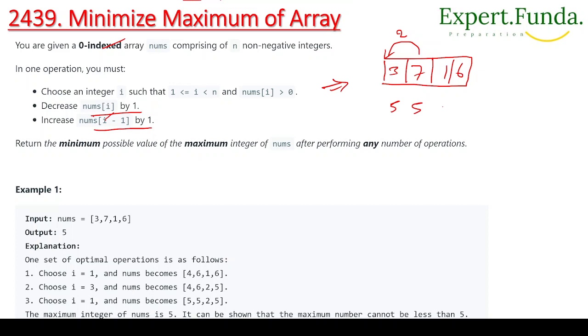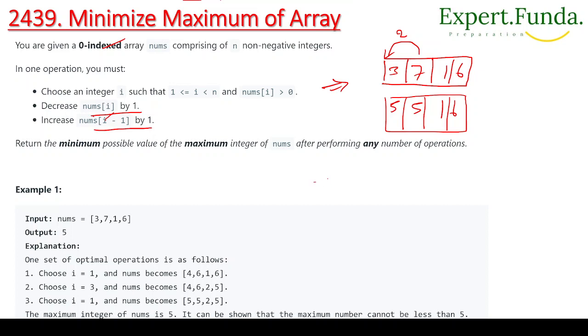The remaining we can keep like this, or after updating this value it could become any other value. We are not doing anything here, so we keep it like this. So this operation will become like this, right?